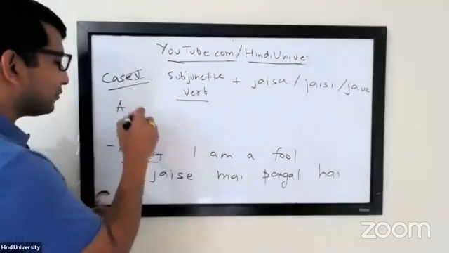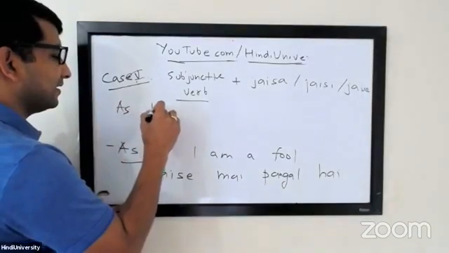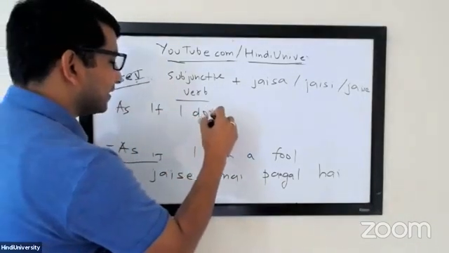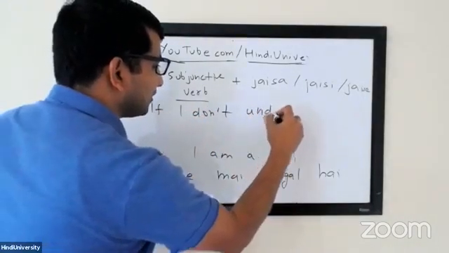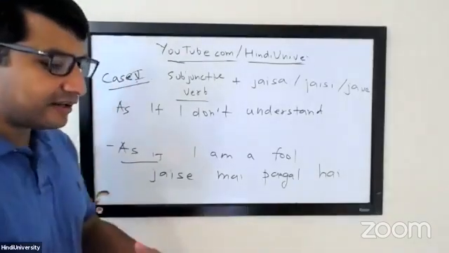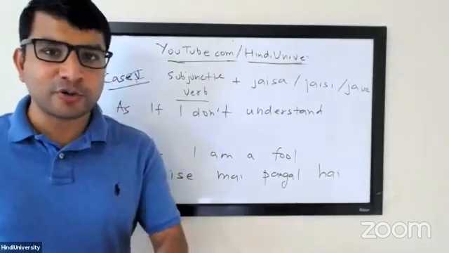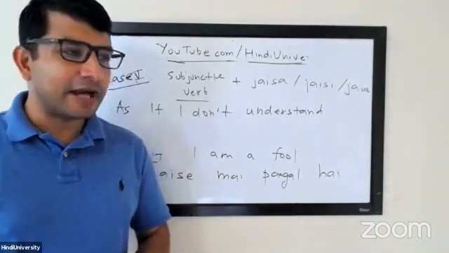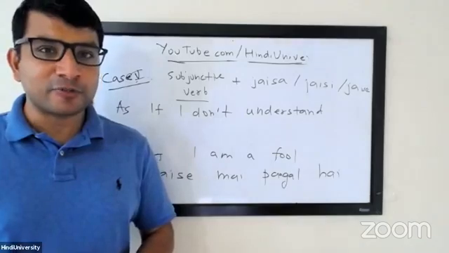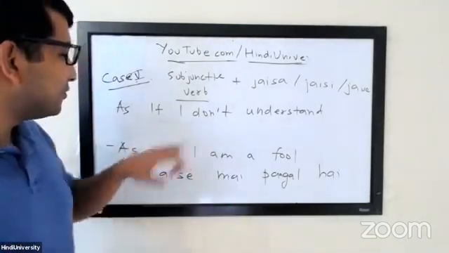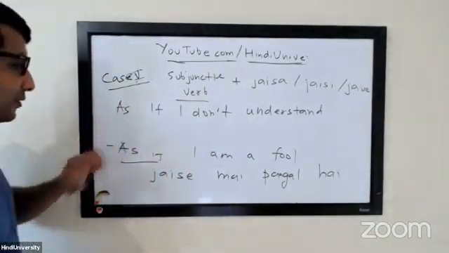How will you say as if I don't understand? The context is, let's say you are in a setting and someone is not talking to you or is ignoring you, and you're like, I can sense it, they're not talking to me, as if I don't understand. How will you say that?